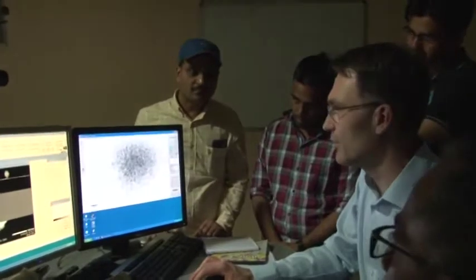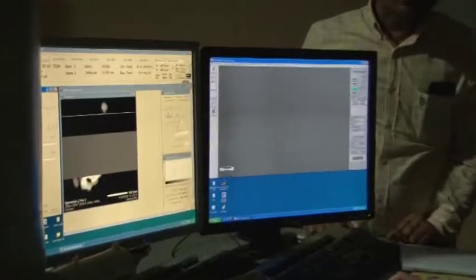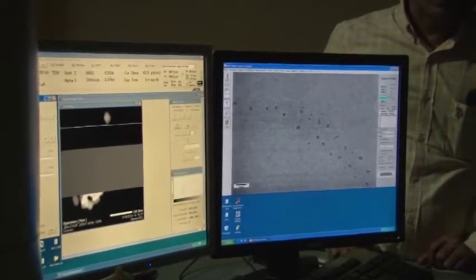What's the magnification? 200,000. Where are the particles? This is the particles.